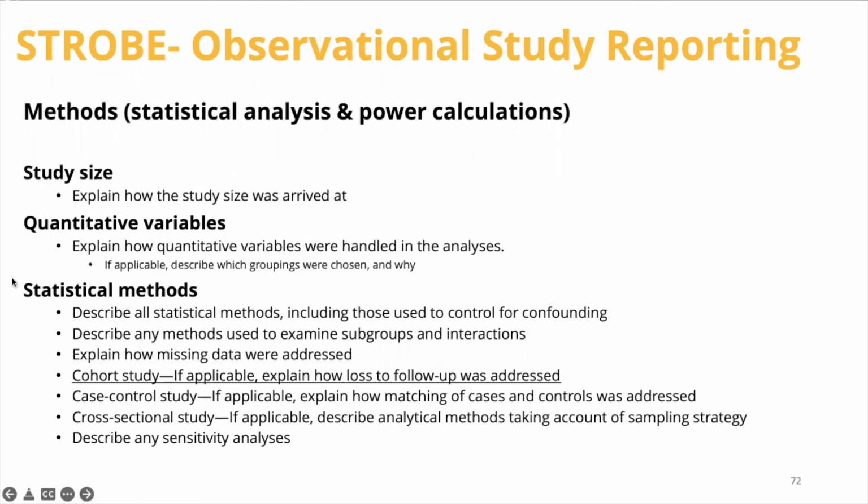You want to describe all your statistical methods, including methods used to control for confounding. For example, this would be adjustment in your Cox proportional hazards model. You want to talk about subgroup analyses and interactions, explain how missing data was addressed, talk about loss to follow-up, stuff like that. So this is just essentially a checklist. Make sure you discuss all of these in your methods section.